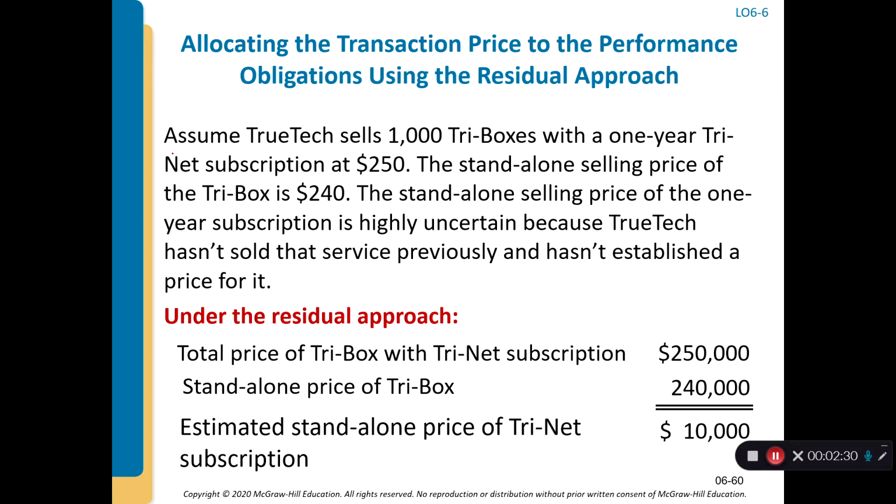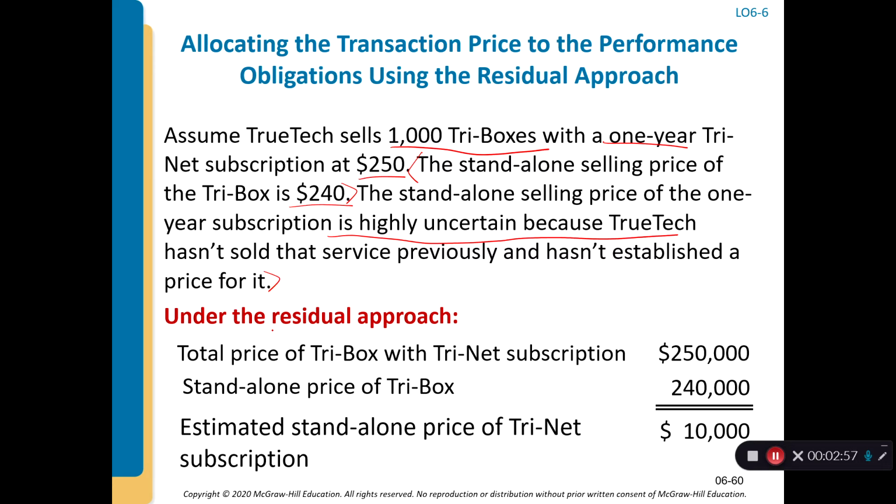For example, assume that TrueTech sells 1,000 TrueBoxes with 1 year of TrueNet subscription for $250, and the standalone selling price for the TrueBox is actually $240. The standalone selling price of the 1 year subscription is highly uncertain because TrueTech hasn't sold that service before and hasn't established a price for it.